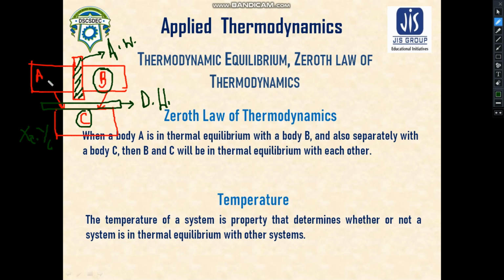Now let us remove this adiabatic wall, and we are placing a diathermic wall.